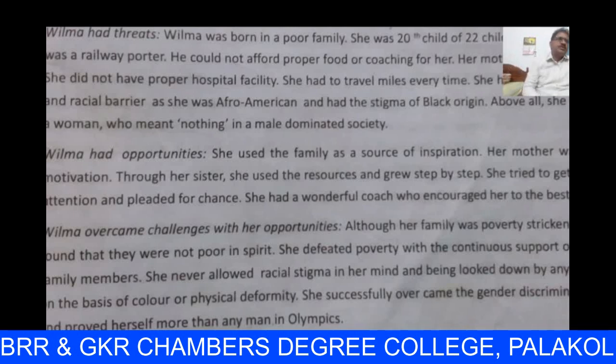Wilma Rudolph, at one time, won 3 gold medals. First, the running race, 100 meters.